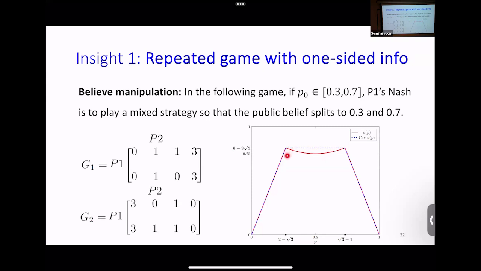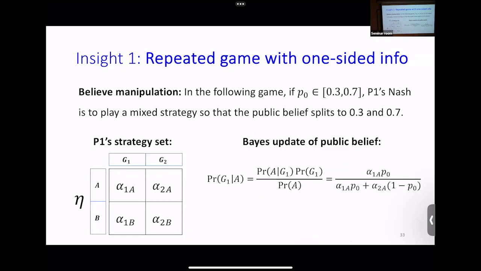Does that make sense? So belief manipulation, from a mathematical perspective, is a convexification, or concavification in this case, of the value function. And then you can show how you can do this.